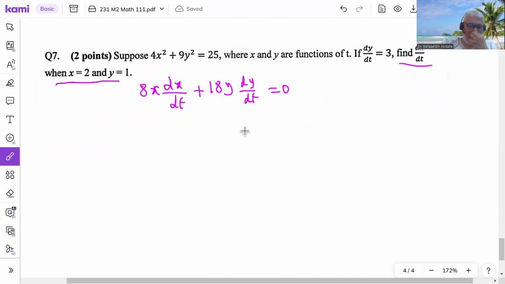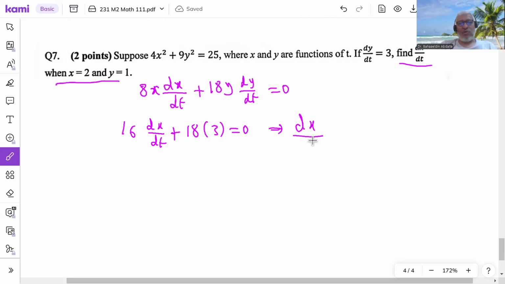Derivative of 25 is 0. So x, what is x? 2, so 8 times 2 is 16, times dx by dt, which I need to find. What is y? y is 1, so 18 times 1 is 18. What is dy by dt? 3, equals 0. So what would be dx by dt?